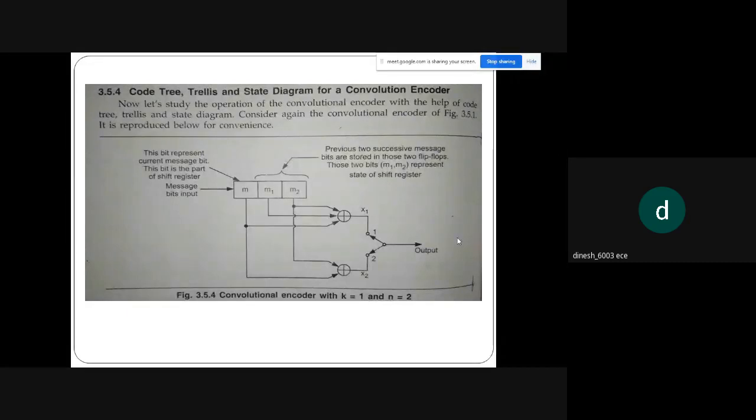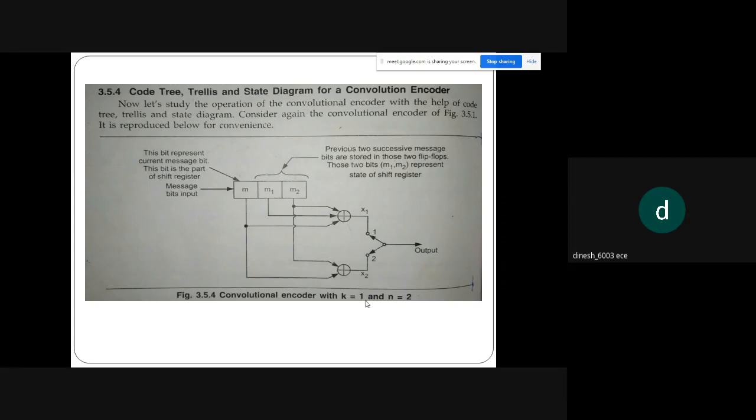X1 is obtained due to M, M1, M2, so we'll get X1 of P, or X1 of i. In time domain analysis it is i; in transform domain it is P, polynomial.